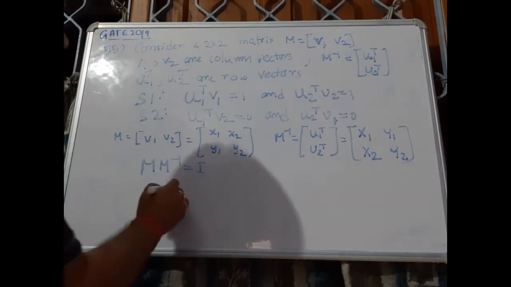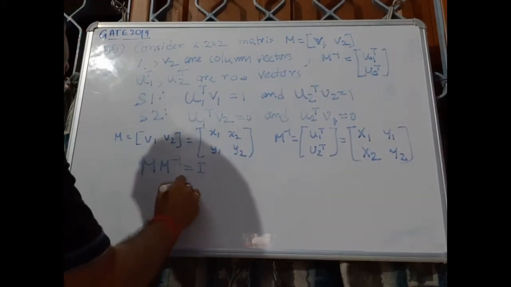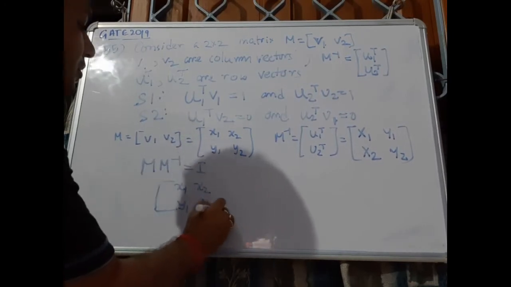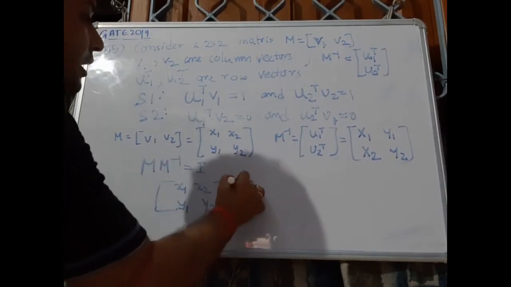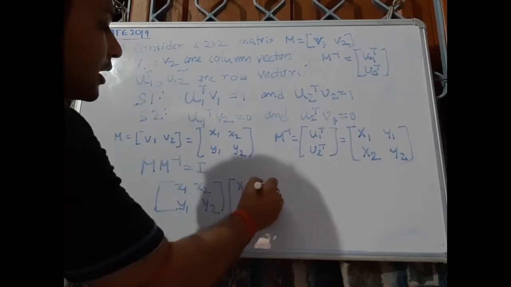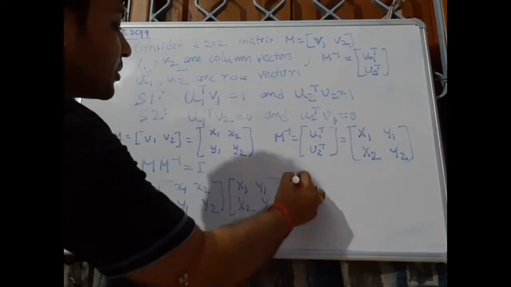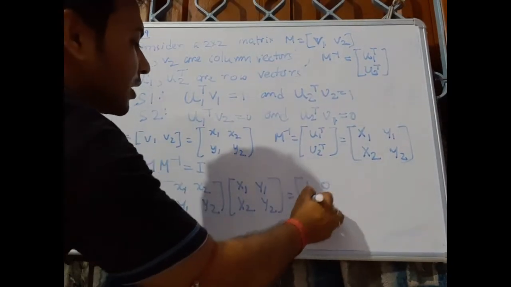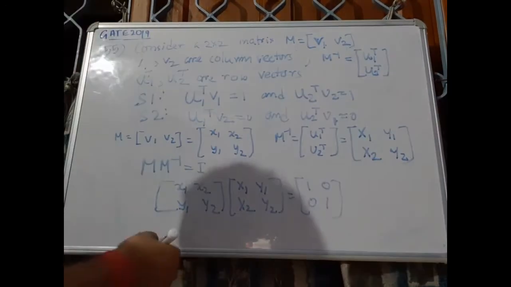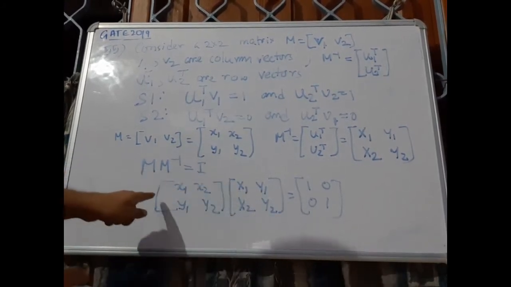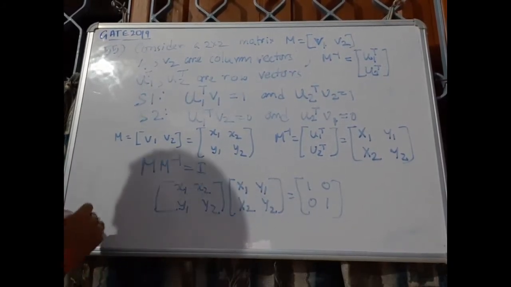So if we multiply x1 x2 y1 y2 into x1 y1 x2 y2, that will be the identity matrix 1 0 0 1.